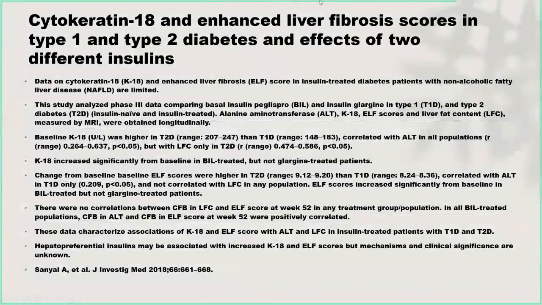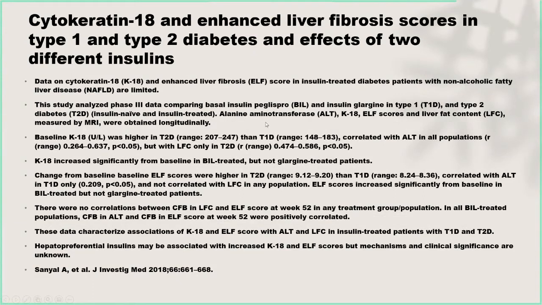So the other thing that we have to look at is, what about insulin? The reason I bring up this study is because it used a very interesting insulin. There is an insulin, pegylated lispro, and they compared it to insulin glargine.